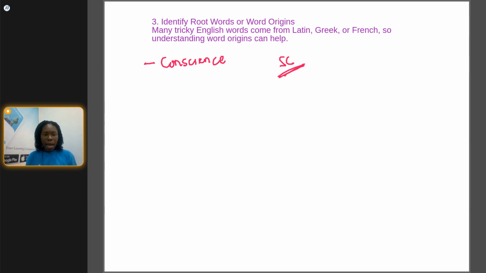So we have C-O-N-S-C-I-E-N-C-E. Okay. So when you hear the word conscience at first, you may not at first glance say that SC is the spelling for it. All right. But because it is Latin, you know that Latin deals with SC.